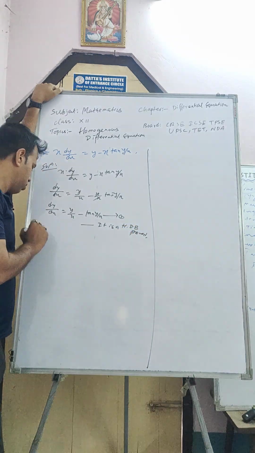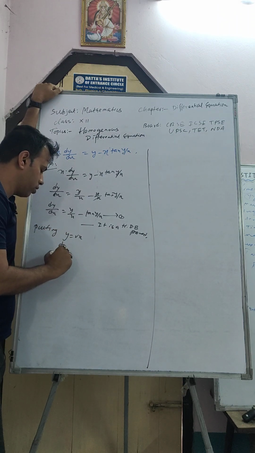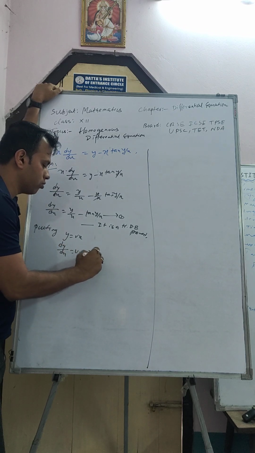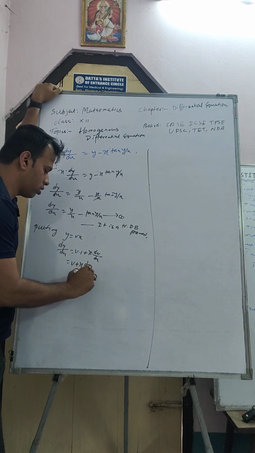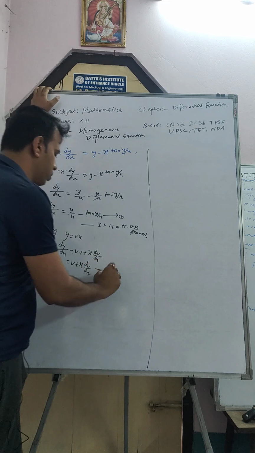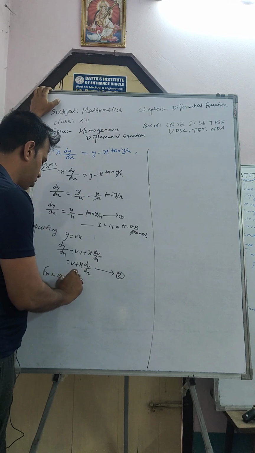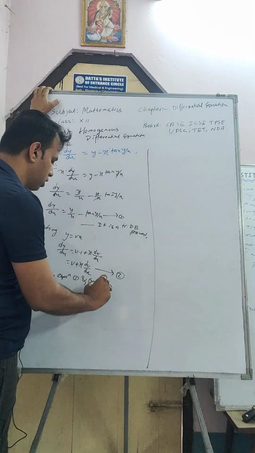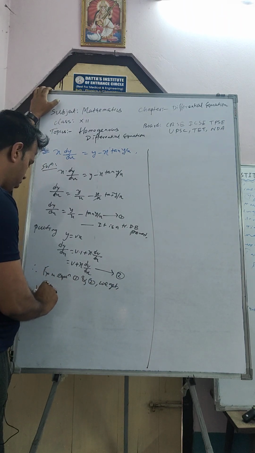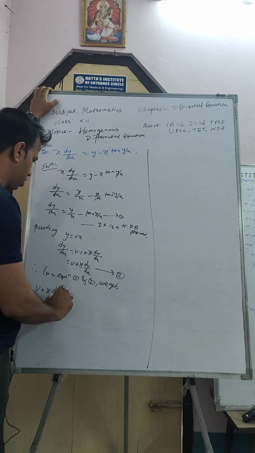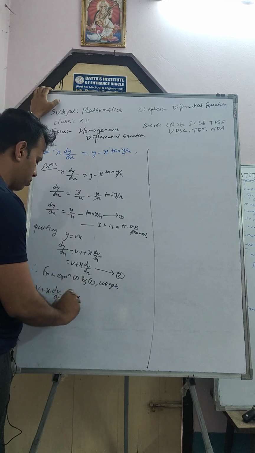Now putting y equal to vx, so dy by dx is equal to v into 1 plus x into dv by dx, so v plus x dv by dx. This gives equation 2. From equations 1 and 2 we get v plus x dv by dx is equal to v minus tan v, since y by x is vx by x.